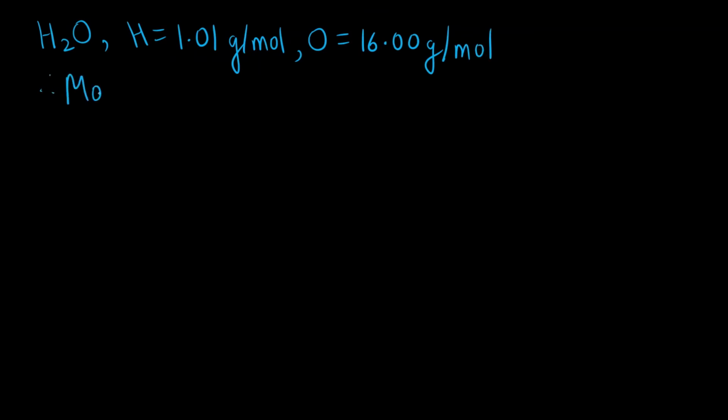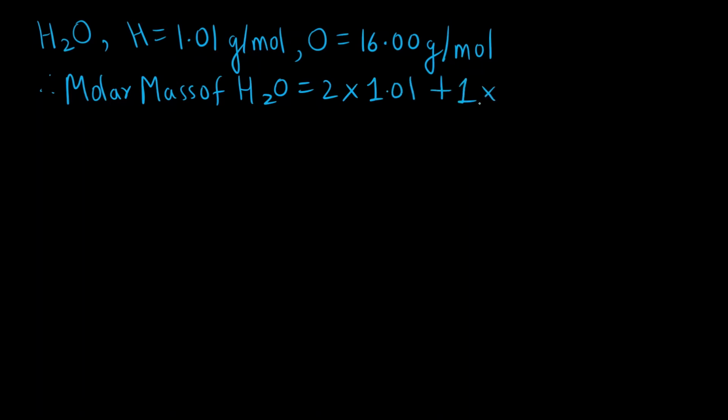So our molar mass of water is going to be 2 into the molar mass of hydrogen, 1.01, plus 1 oxygen atom into 16.00, which is nothing but 18.02 grams per mole.